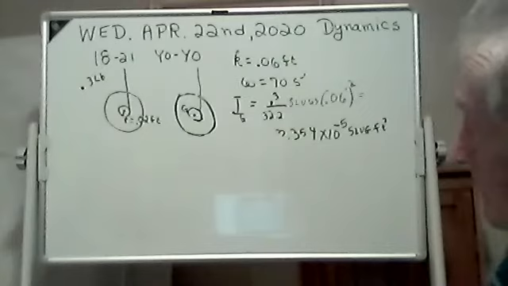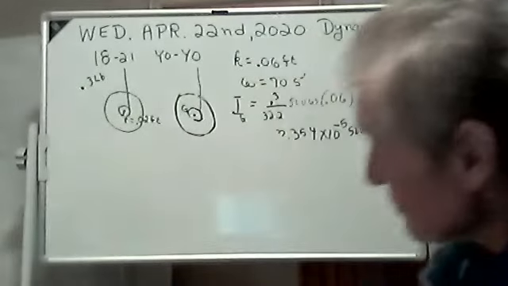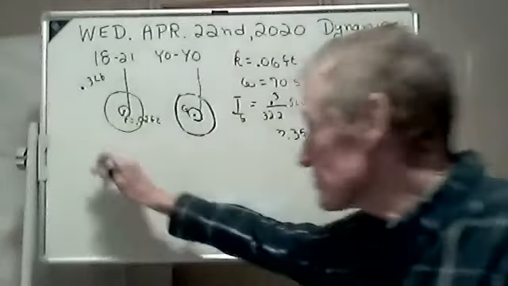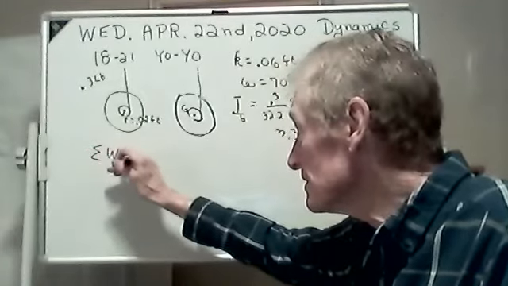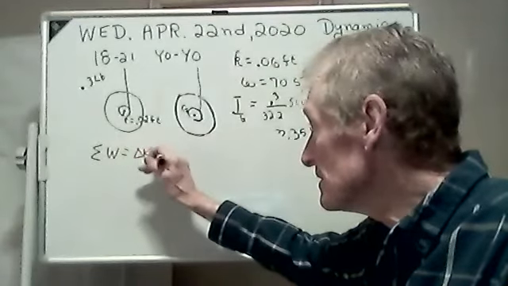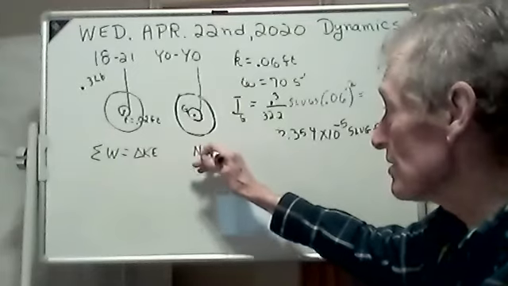Now back to the yo-yo. What are we going to do here? Well, there's two ways to do these problems. One way is with this equation here. And the other way is with this equation here.